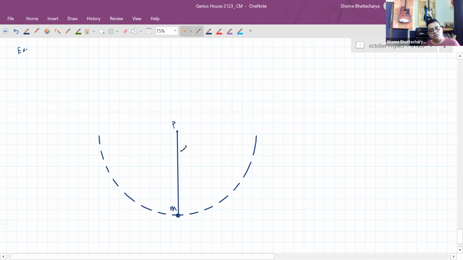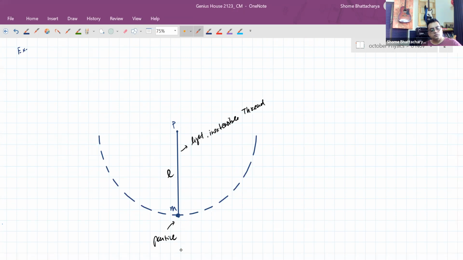So this here is a light but inextensible thread or string of length L. It is tied to P, which is a fixed point. Fixed peg on the wall.